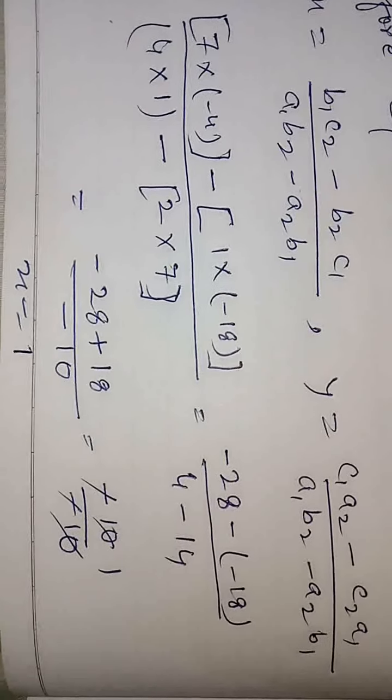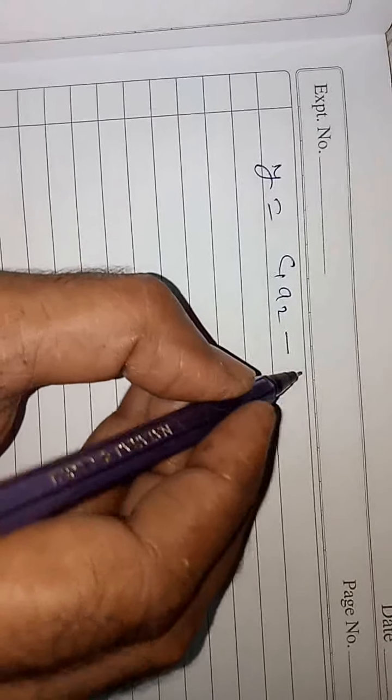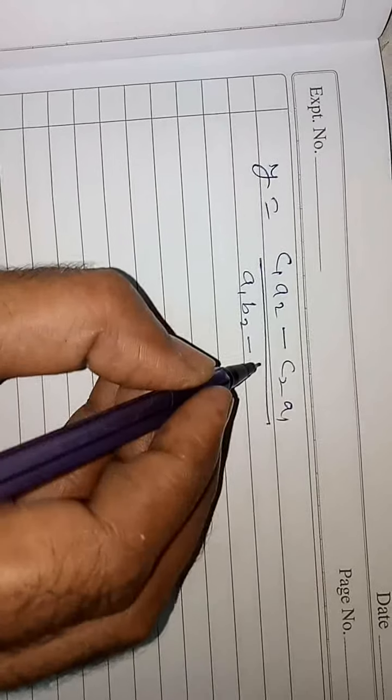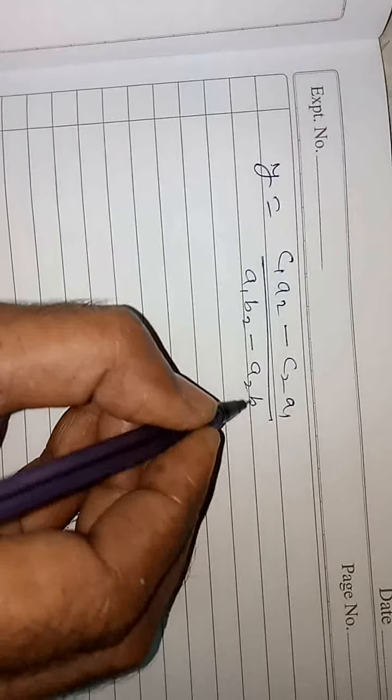x equal to 1. y equal to (c1 a2 minus c2 a1) upon (a1 b2 minus a2 b1).